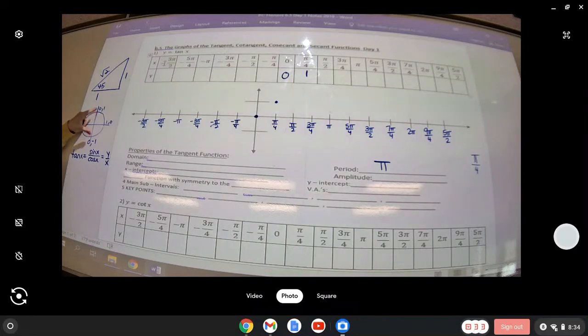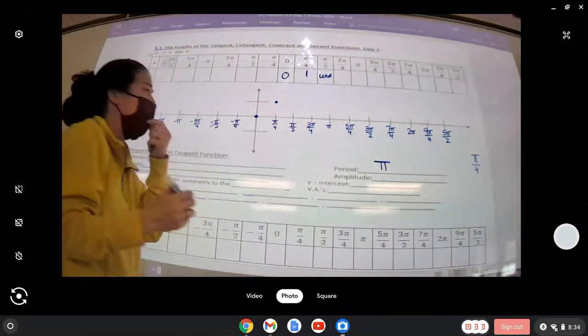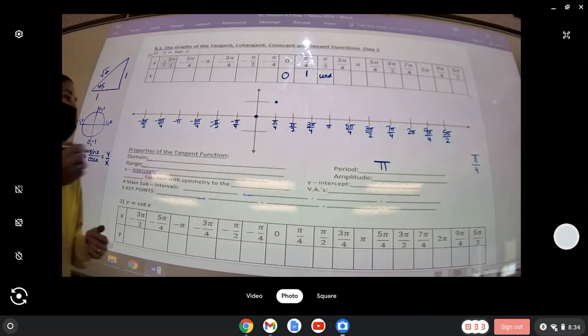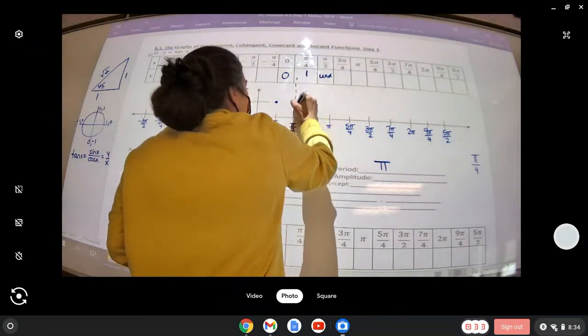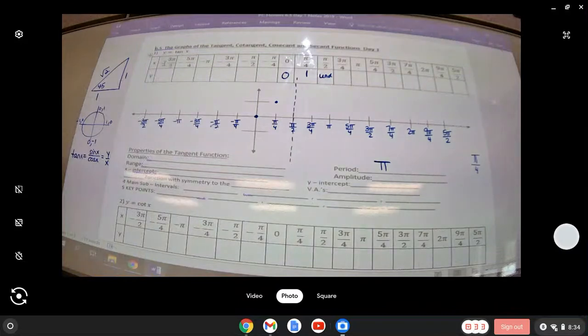The tangent of pi over 2, 1 over 0, guys, that's undefined. That's an angle that's not in its domain, so it literally produces an undefined output. Because it's undefined, it's going to act as a vertical asymptote. The graph will never exist when x is pi over 2. It doesn't create a defined output.